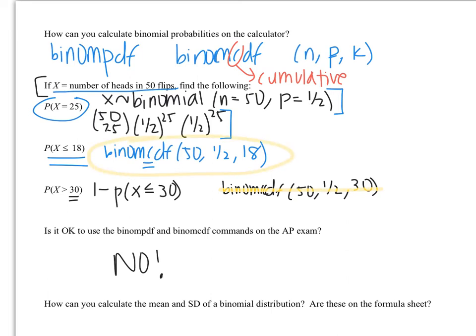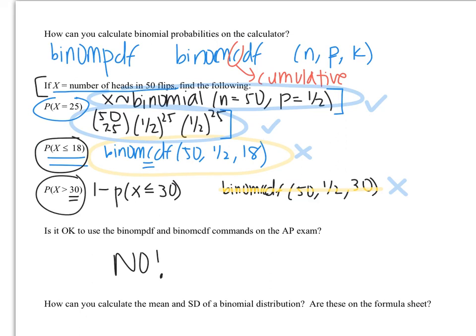What I do want on the AP exam is define your variable, show me a formula. Those two I want. Do not ever put calculator commands on the AP test. Now, again, if you are looking for multiple probabilities, you don't need to show a formula. I only want you to show a formula when you are finding a single probability.